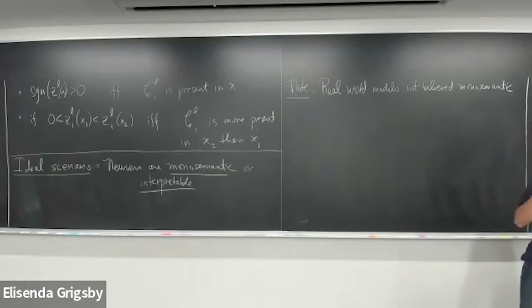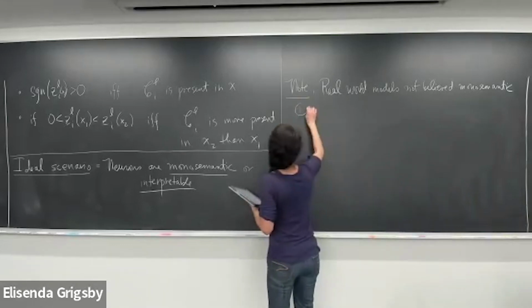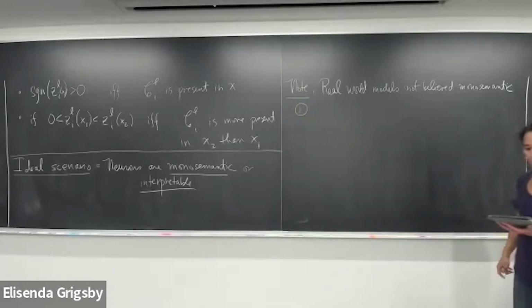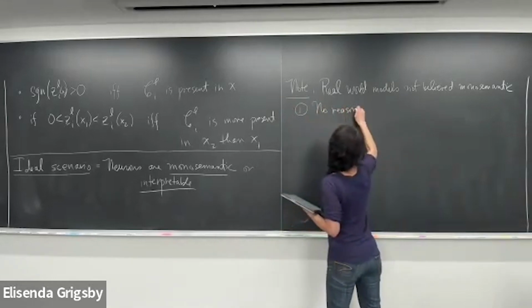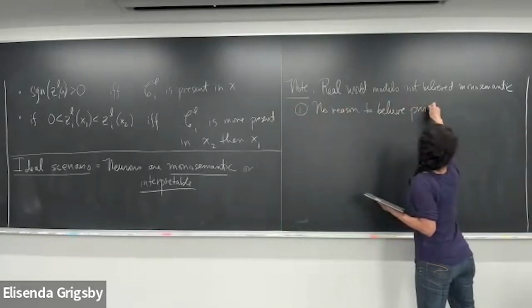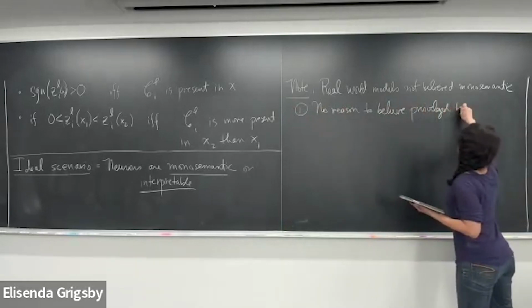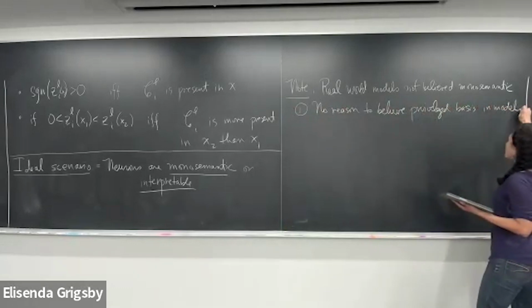There's no reason to believe that the basis you're describing everything in terms of is special in any way. So there's no reason to believe the privileged basis means anything.